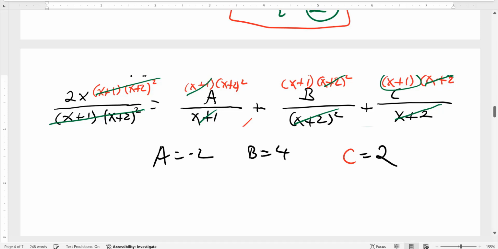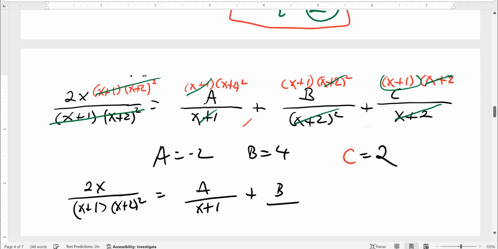So our original expression was this: 2 over x plus 1 times x plus 2 squared is equal to A over x plus 1 plus B over x plus 2 squared plus C over x plus 2.